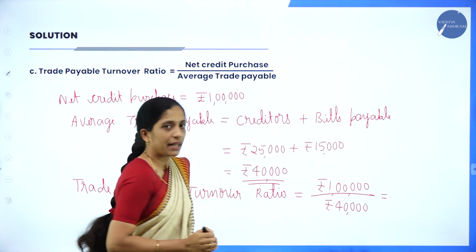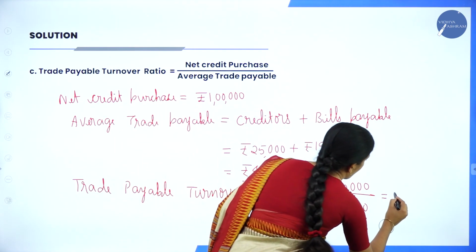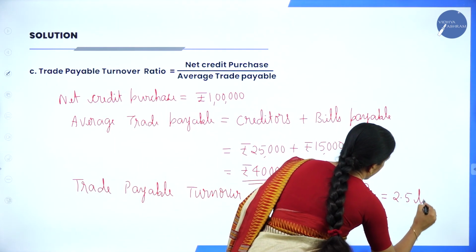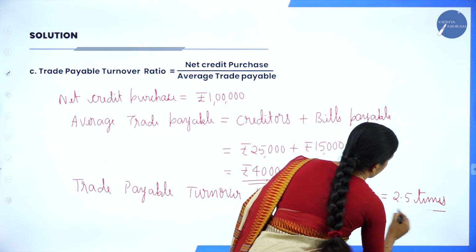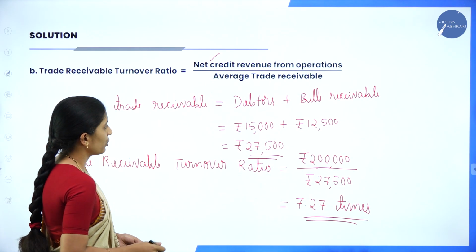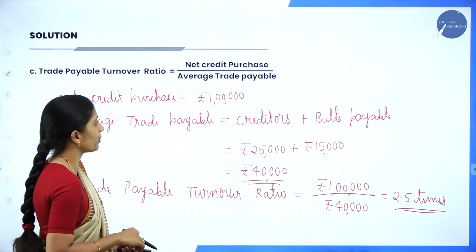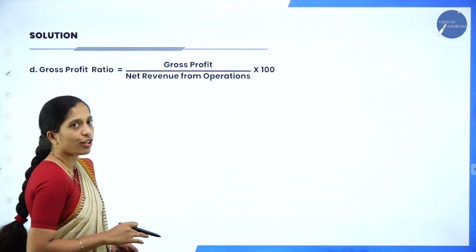So 1 lakh divided by 40,000 will be 2.5 times. So this is how you will calculate trade payable turnover ratio, and this is how you will calculate the trade receivable turnover ratio. Now moving on to the next one, gross profit ratio.